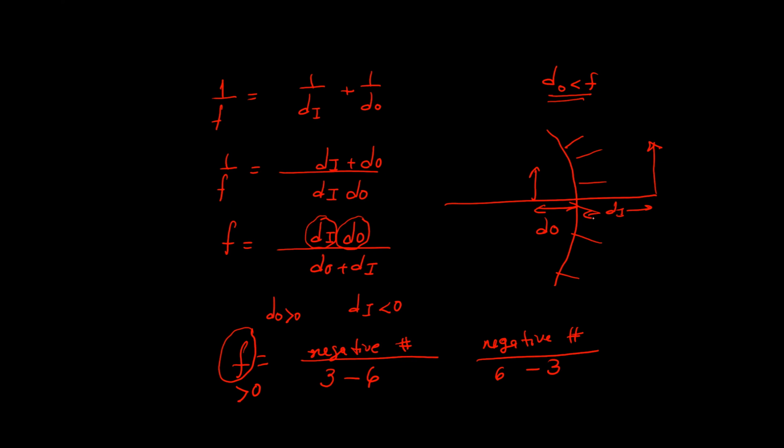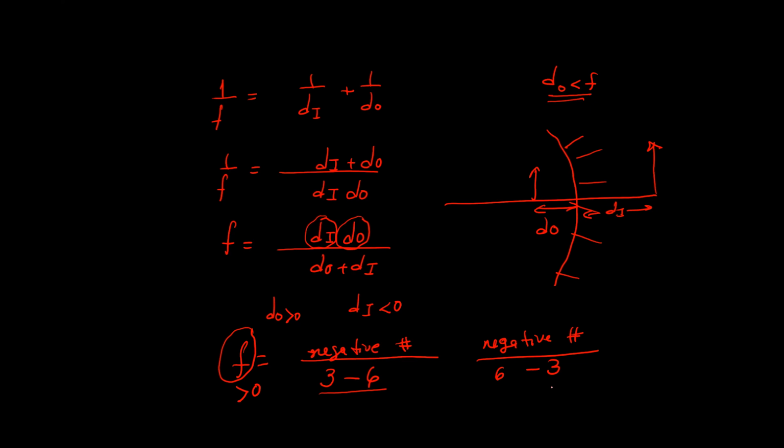If it's closer, then I'll get something like this. And then I'll get a negative down here. I mean, a negative up here. Negative over negative is positive. If the object distance is greater than the virtual image distance, I'll still get a negative on top, but a positive at the bottom. Negative over a positive is going to give me a negative number, which means the focal length of a concave mirror is negative, which is a contradiction.